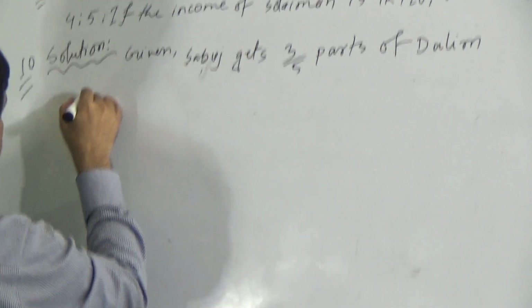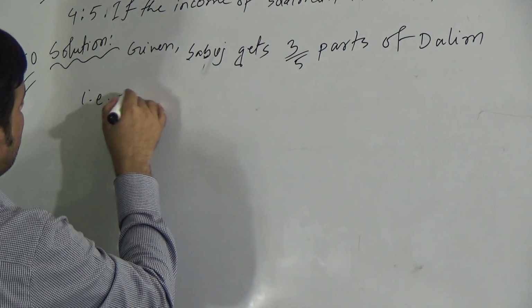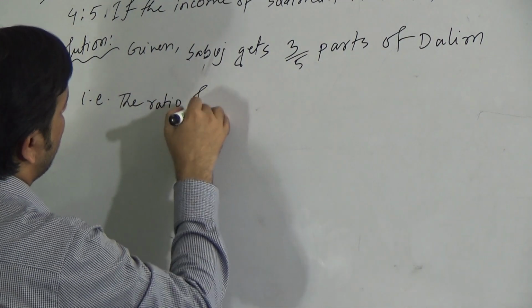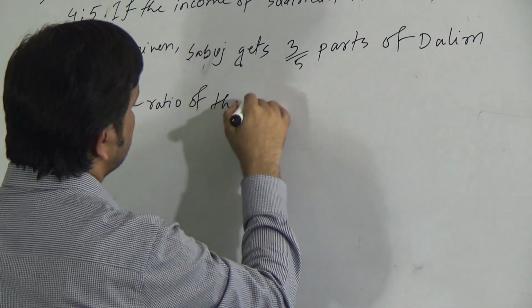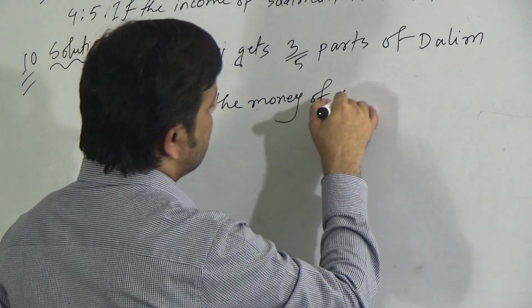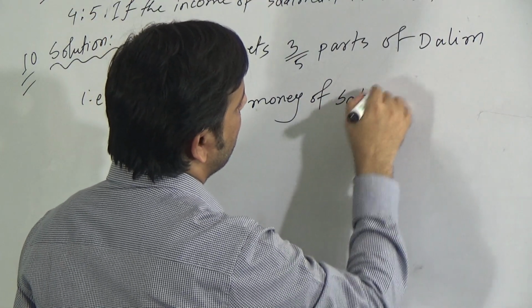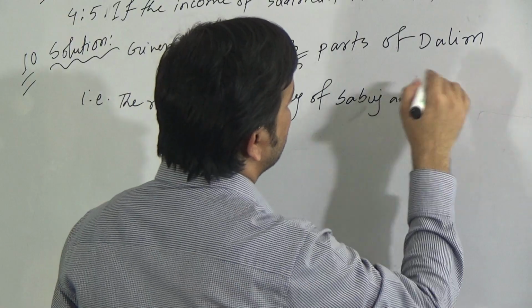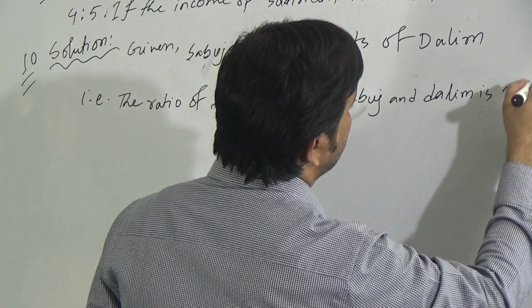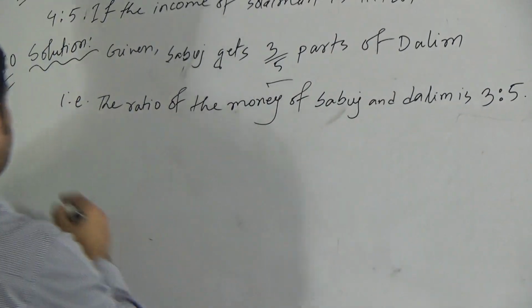That is, it means that the ratio of the money of Shobuj and Dalim is 3:5, as every fraction is a ratio.